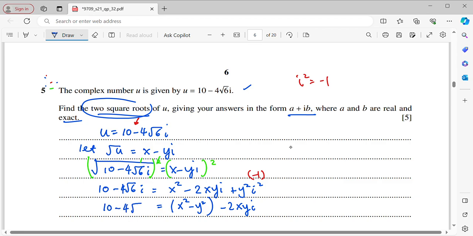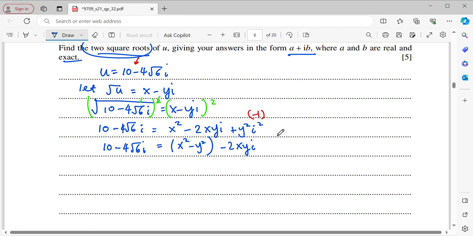Then now, when I do comparison, x squared minus y squared is 10. That is the first equation where I compare the real part. When I compare the imaginary part, since both are negative, I will ignore the negative. Sorry, I should get 2xy equals 4 square root 6 because both sides are negative.